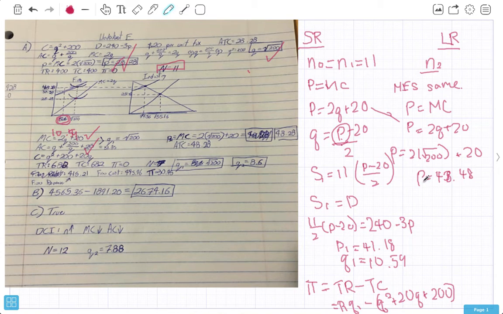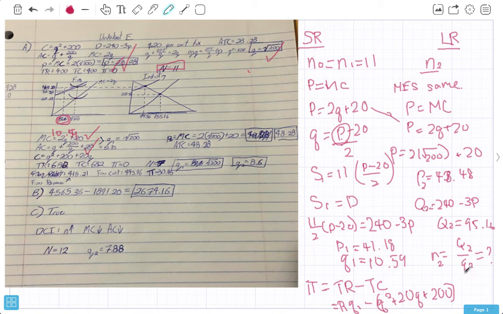And then that's P2. And then you can calculate for Q2 by plugging this into your demand. You should get 95.16. So N2 is Q2 over little q2, and then solve for that. I haven't done that yet, but solve for this.